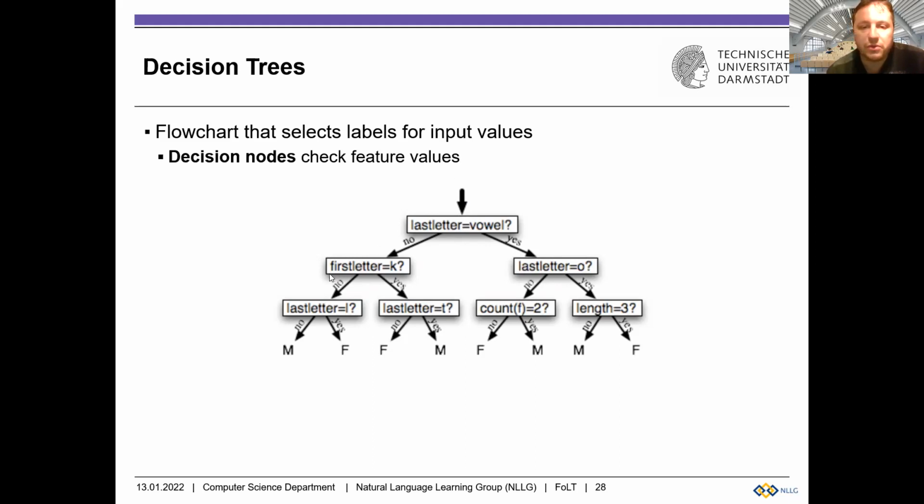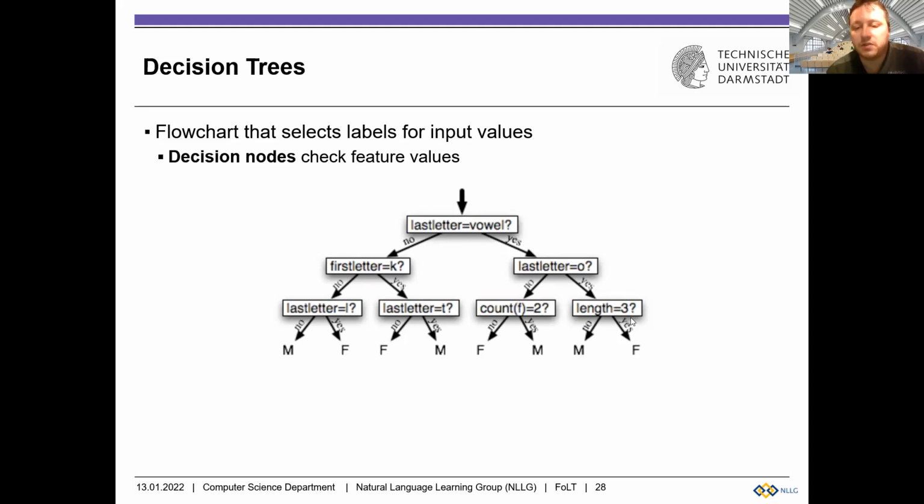So we could go through the decision tree and branch out depending on the feature value. For example, we could ask: is the last letter a vowel? If this is the case, then we check whether the last letter is indeed an O, and then we check whether the length of the string is 3. And if so, we say yes, this is a female name, otherwise it's a male name.